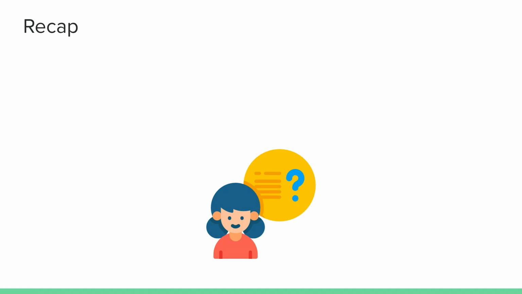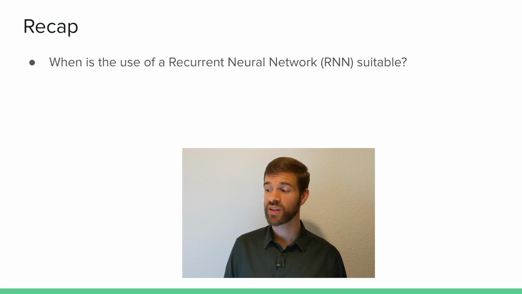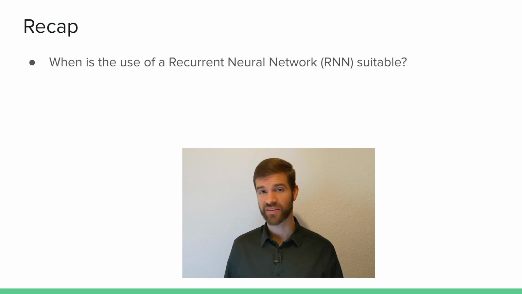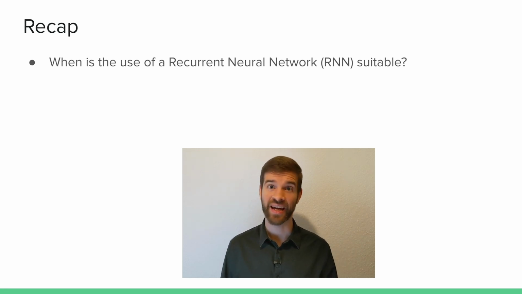But before we do that, let me quickly recap from last week's lecture. When is the use of a recurrent neural network suitable? Well, whenever we have sequences and the memory of the sequence, which can be in both directions, is helping us in any way.